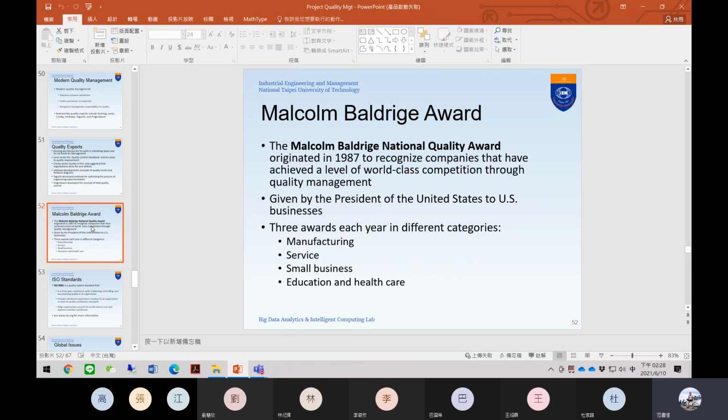In Taiwan, I think it is given by the Executive Yuan. There are awards each year in different categories: manufacturing, of course, service, and small business.